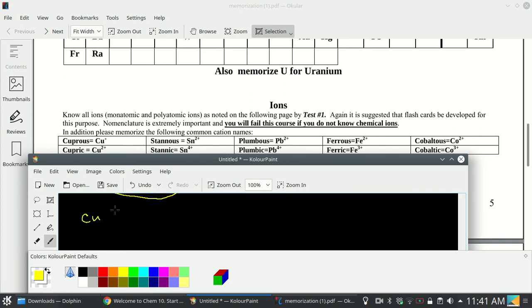So if you wanted to write the name for this thing right here, the IUPAC, the International Union of Pure and Applied Chemists, rules say that you will name it as like so. But historically, English speakers have named it like this: cupric chloride.